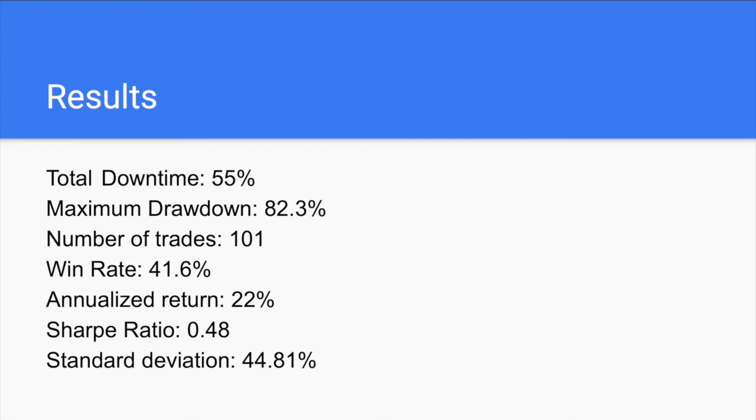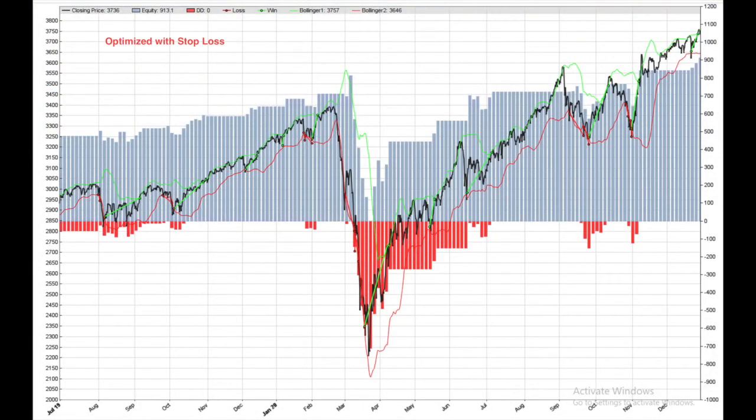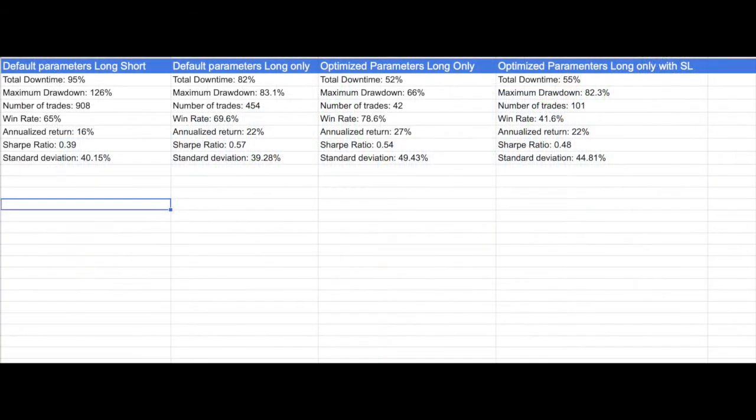Well, the maximum drawdown and the maximum downtime have increased. But the most interesting fact is that we have turned this strategy into an early loss taker, and it's got a typical win rate of a trend following strategy at 41.6%. The Sharpe ratio has also decreased as the win rate dropped. The only benefit we can actually see is the reduction of risk.